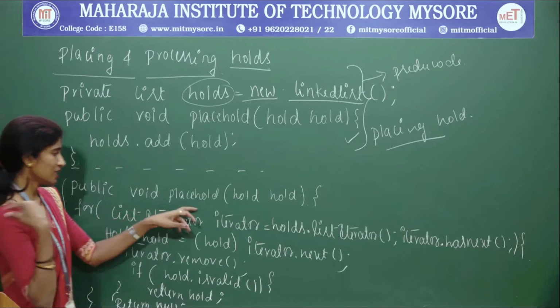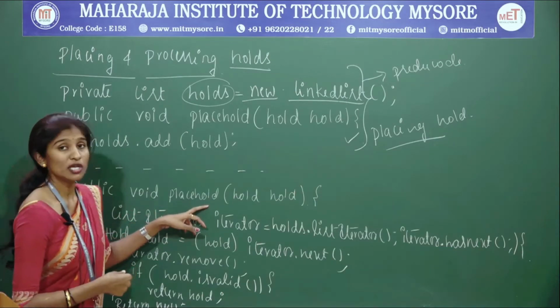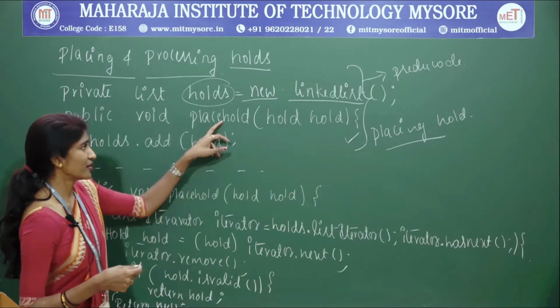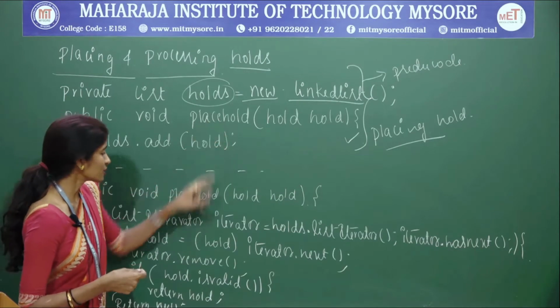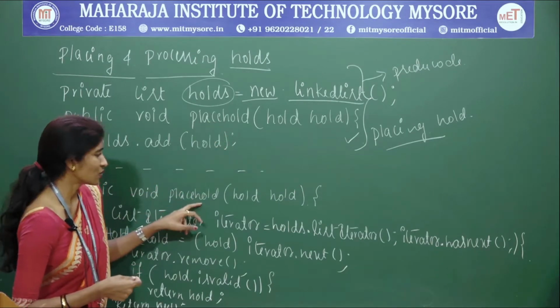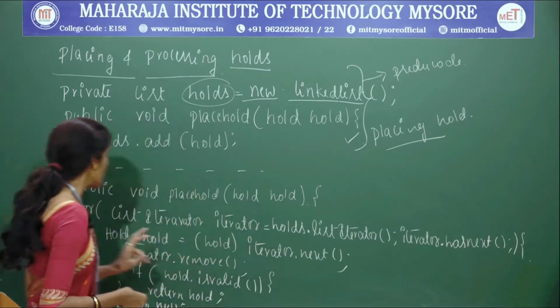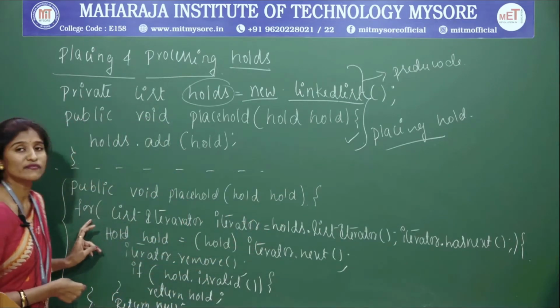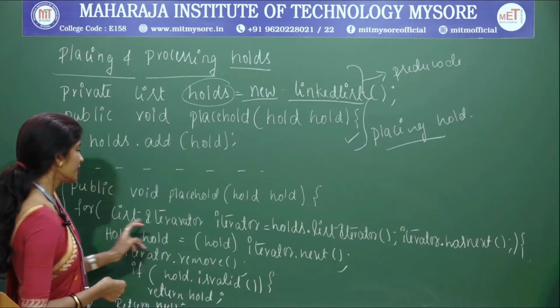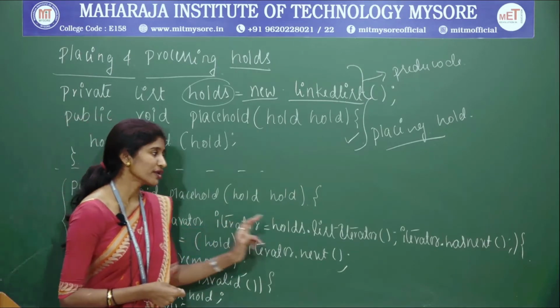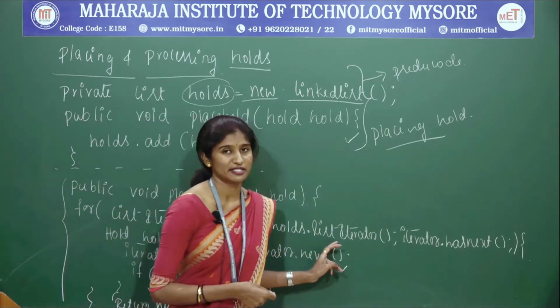You can see here you have a method called placeHold, which we used in this one also, that is placing hold. The same method is used here, placeHold, containing the parameter hold, which is of type Hold. Now we have a for loop, that is an iterator.